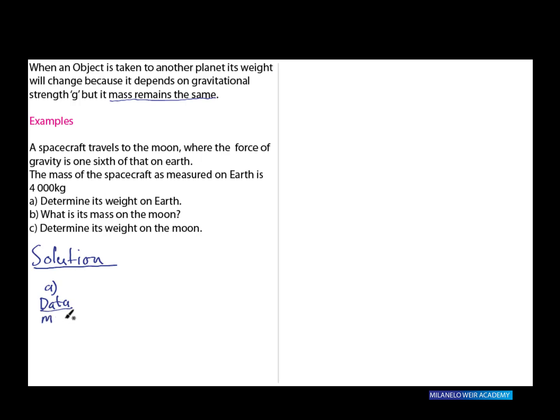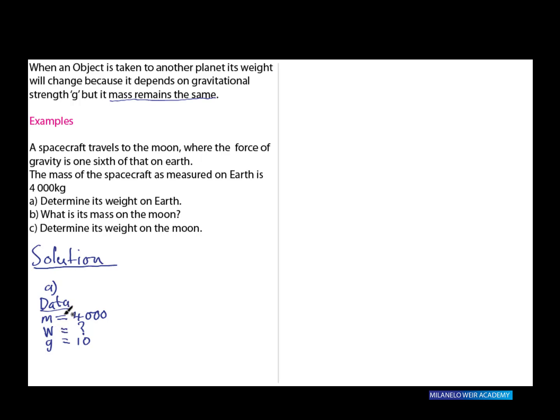So m on Earth is 4,000 kg. Determine its weight on Earth. W question mark. So as we have specified, on Earth the gravitational strength is 10 Newton per kg. So this is 10. So we are to find weight.